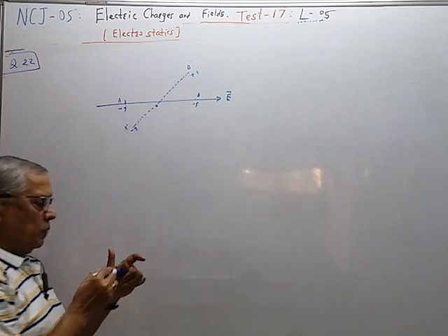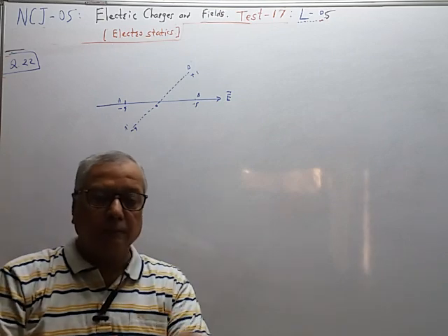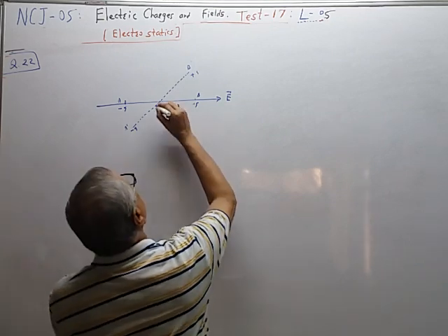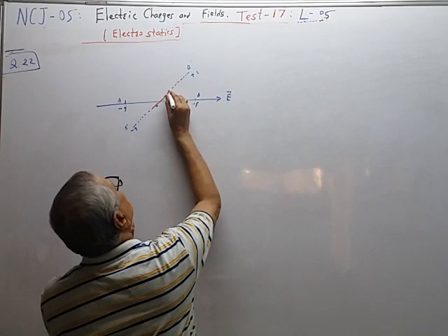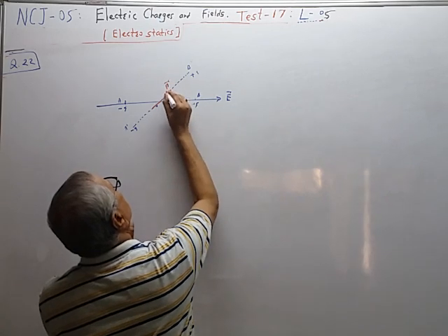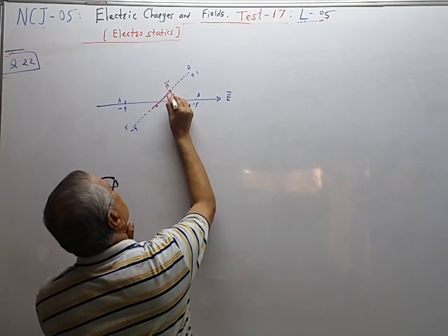So the electric dipole moment is directed from minus q to plus q. It makes an angle theta with the electric field.